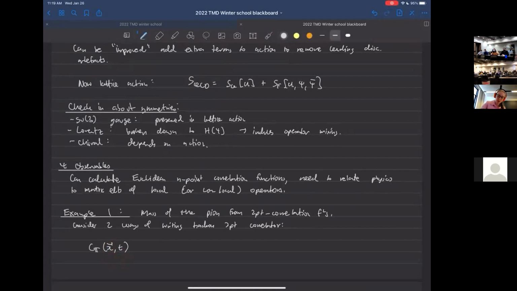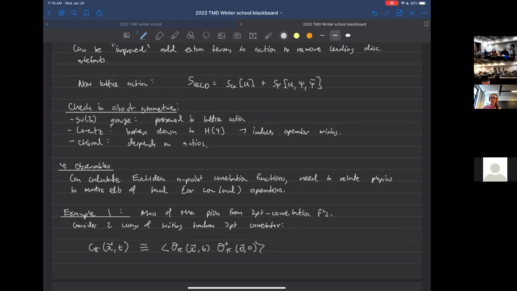Okay, so this 2-point correlation function we're going to define here as the expectation value of an operator inserted at (x, t) and the dagger of that operator inserted at (0, 0). And I'll talk more about what these are in just a minute. But essentially, these are just some operators with the quantum numbers of the state that you're trying to create.